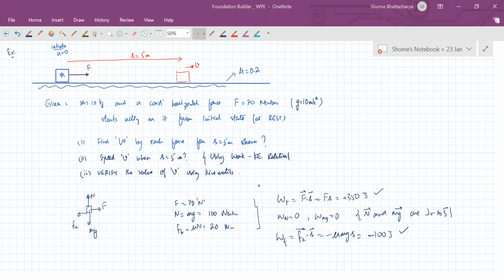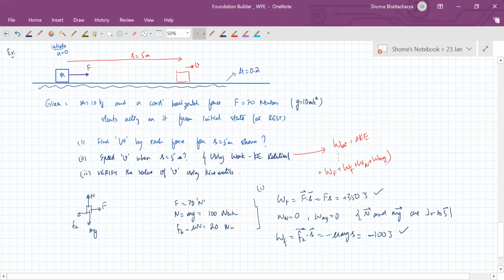Good. Well done. Okay. Now, second part, we want to find the speed. So we will use work kinetic energy theorem. Yes, Ohm, that's correct. So for the second part, what you will do is you use this theorem that net work done is equal to change in kinetic energy. So for net work done, you have to calculate the sum of work done by all forces. So two of them are anyway zero.